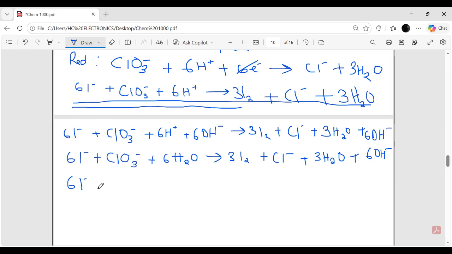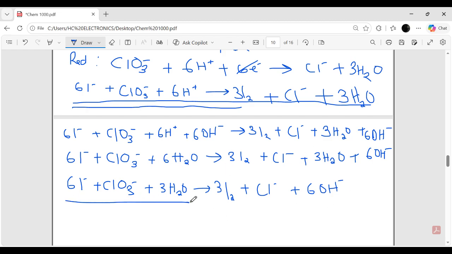As a result, you're going to have 6 iodate plus chlorate, plus 3 water, equal to 3 iodine plus chloride plus 6 OH minus, because the water on this side has subtracted this one, and then there's nothing on this side.